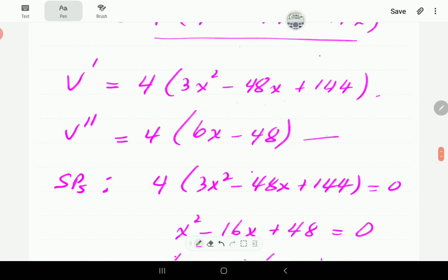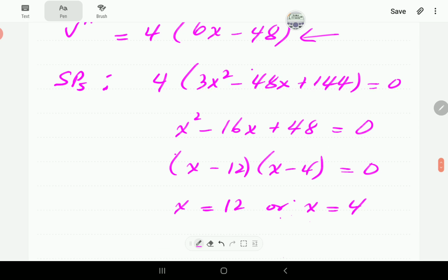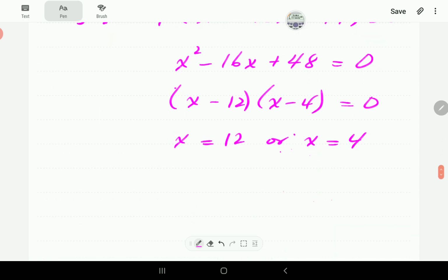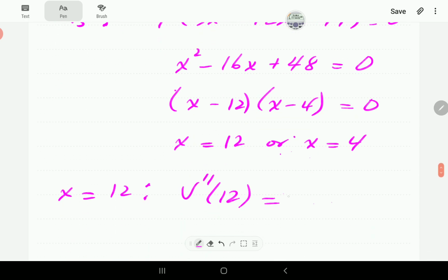So we're going to use the second order derivative to test whether each of these gives us a maximum or a minimum. If you start with x equals 12, we are going to plug this into the second order derivative here, which is 4 into 6x minus 48.